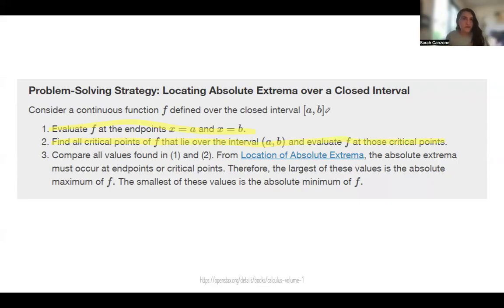We didn't find any y values, but now we're going to want to find the y values associated with those x values. After you find that, you're going to compare the values from 1 and 2, and then the absolute extremum must occur at either the endpoints or the critical points. So therefore, the largest of these values is the maximum, and the smallest of these values is the minimum, which feels pretty intuitive. So let's go ahead and practice.